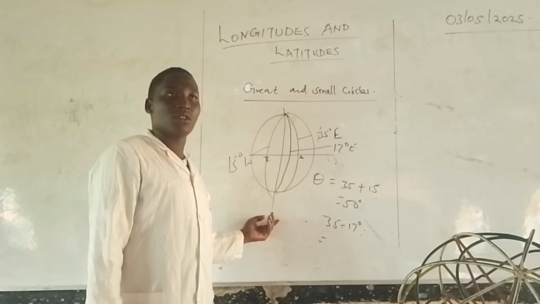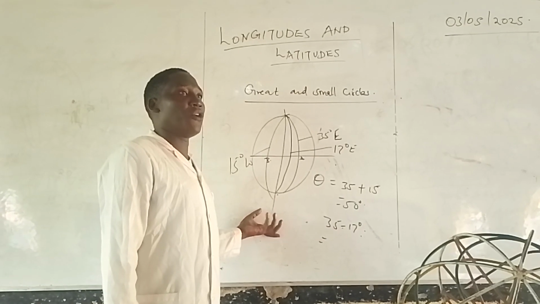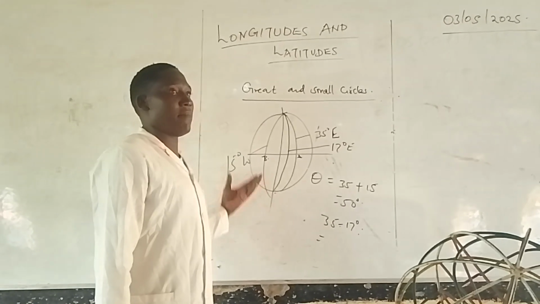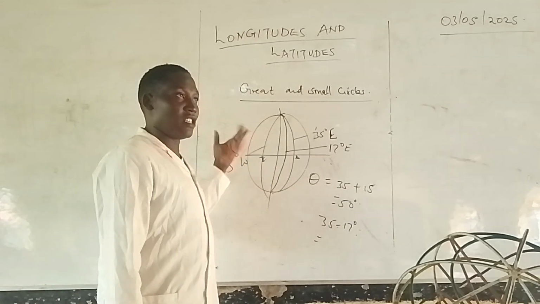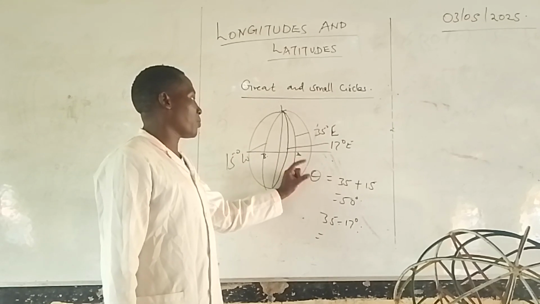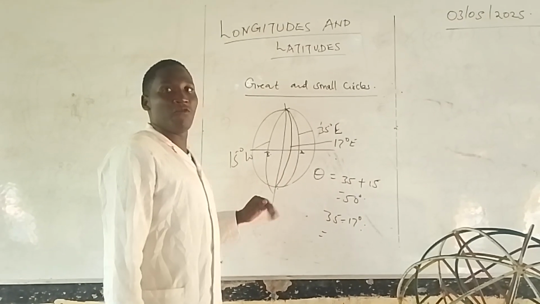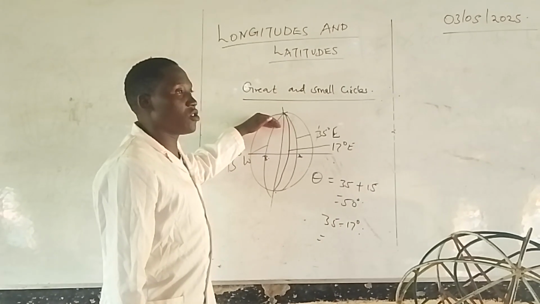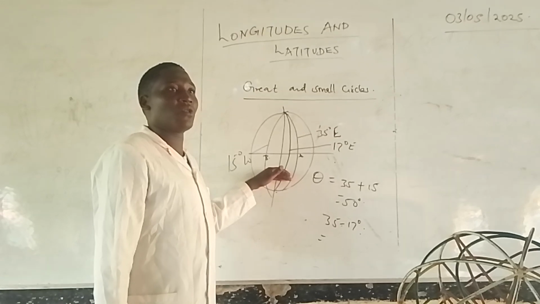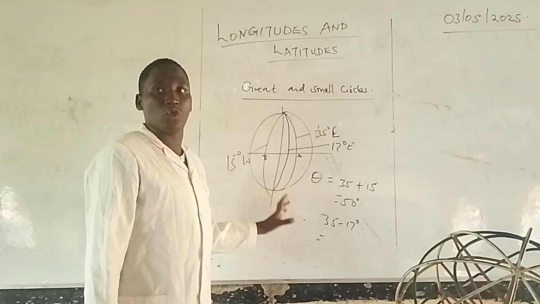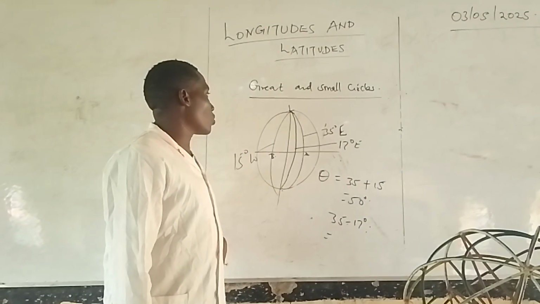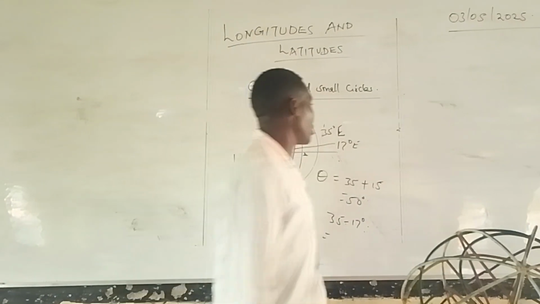If the latitudes we want to get the difference for are on the same side, we are going to subtract the smaller from the greater. If they are on opposite sides, let's say 35 degrees north and 15 degrees south, we are going to add to get that difference. I think that is one of the things that are important for you to note.